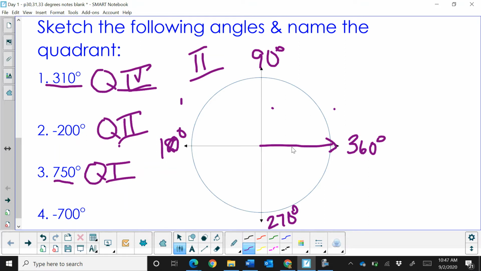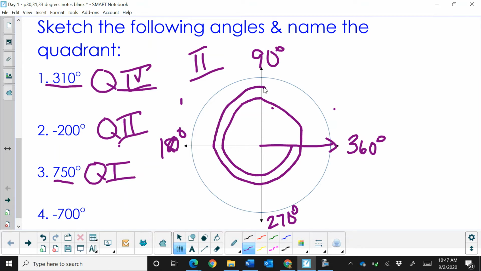So a negative 700 would be negative 90, negative 180, negative 270, negative 360, negative 450, negative 540, negative 630, 630 plus another 70 is 700. So I'm in quadrant 1 again.